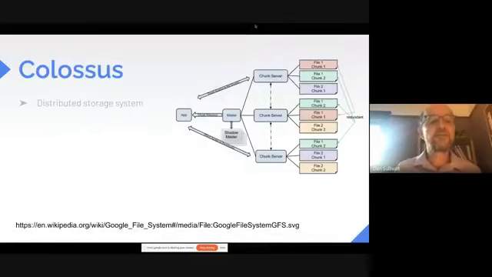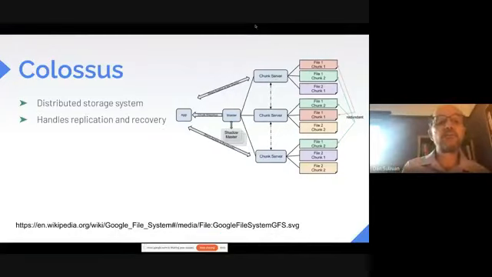Now, Colossus, as I mentioned, is a distributed storage system. And this is really handy because it manages so many storage management functions, things like replication and recovery. We don't need to worry about failover servers and hot standbys and things like that, which used to take up a lot of mental energy and a lot of DBA time to figure out.